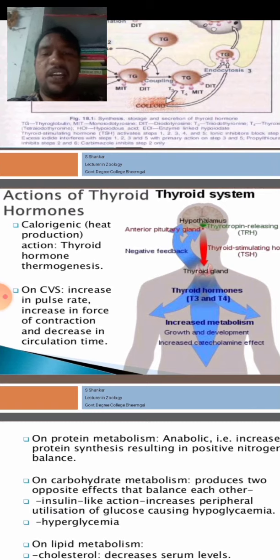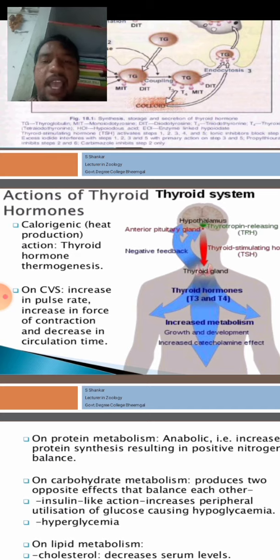Action of thyroid hormones. The cholinergic heart production, action of thyroid hormone, thermogenesis.